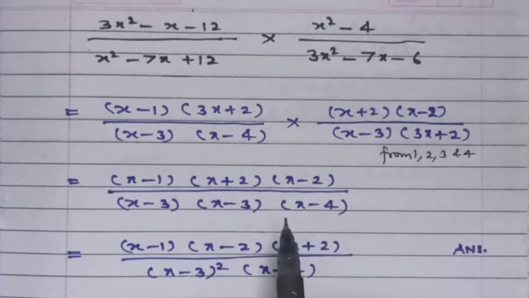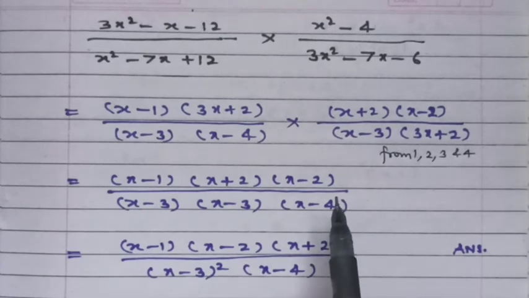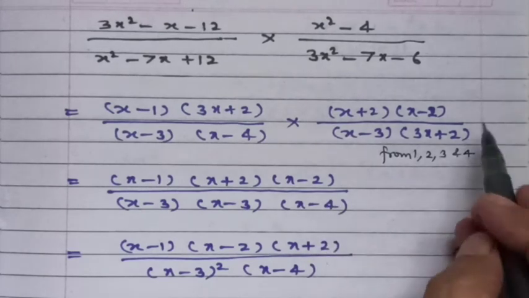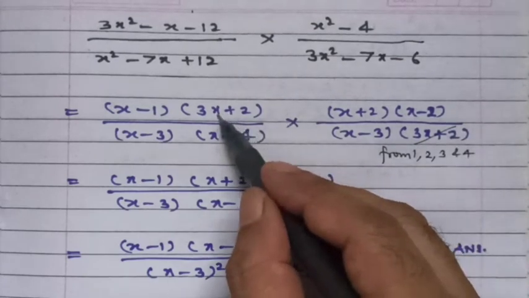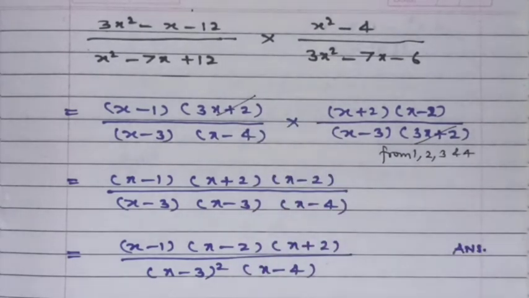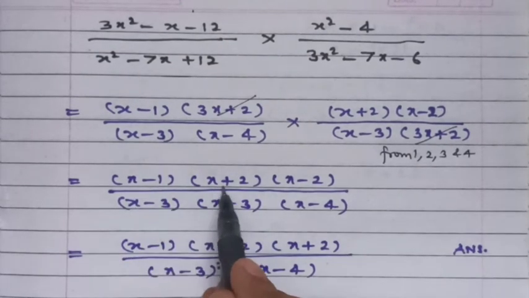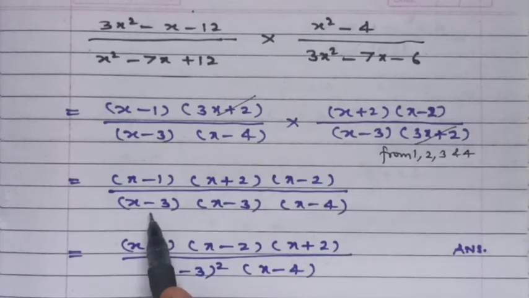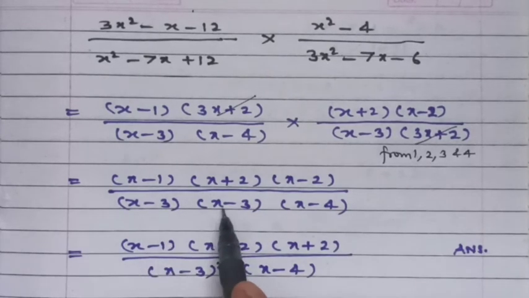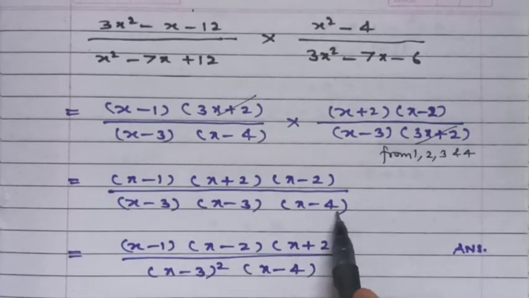Now try to cancel. Now which can be cancelled here? So you can cancel 3x plus 2 and 3x plus 2. Remaining terms will be as it is. So it will be x minus 1, x plus 2, x minus 2, x minus 3, x minus 3, x minus 4.